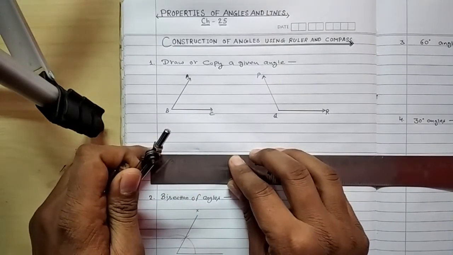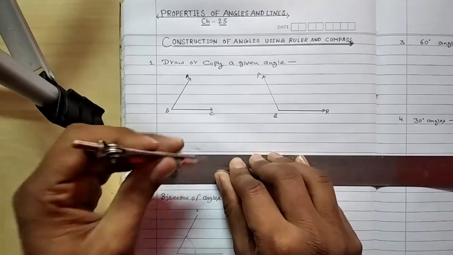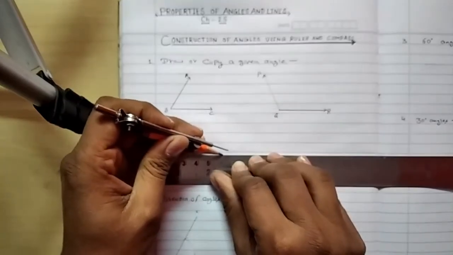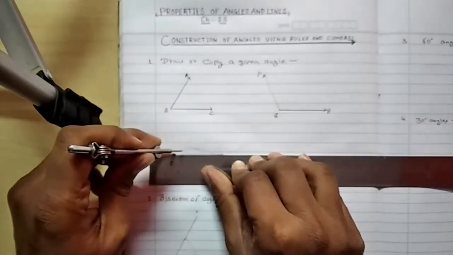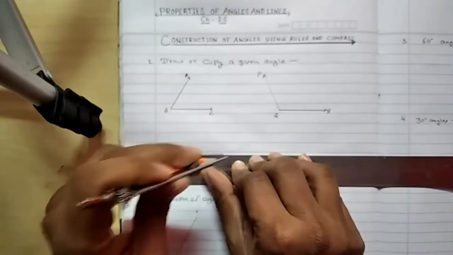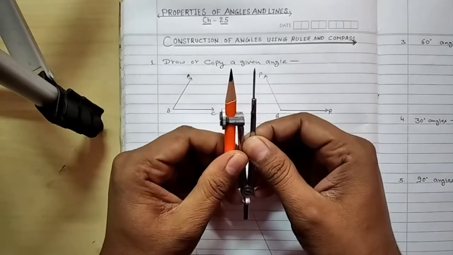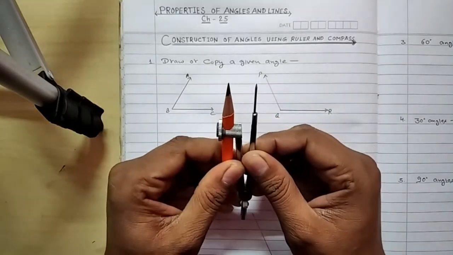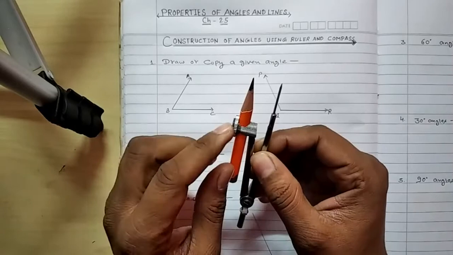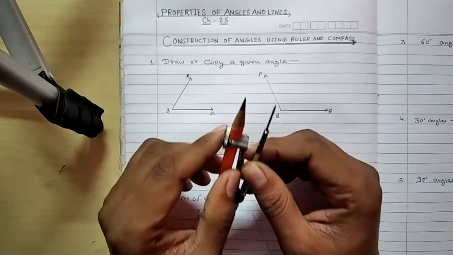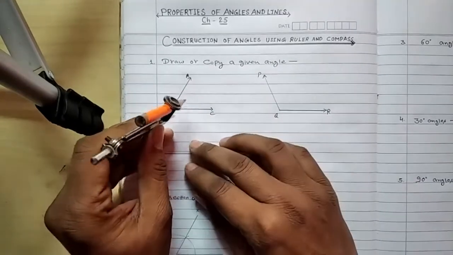You may draw a line segment of 3 cm, 4 cm, 5, 6, 7, as you wish. After drawing the line, you will take a small gap in the compass. It should be 1 or 1.5 cm, not more than that.